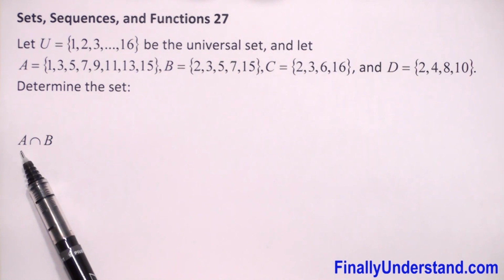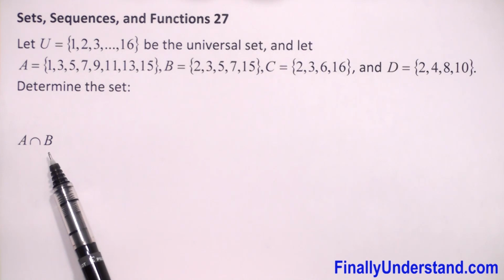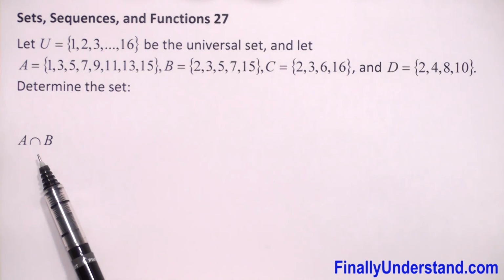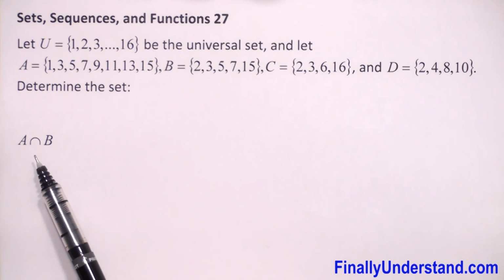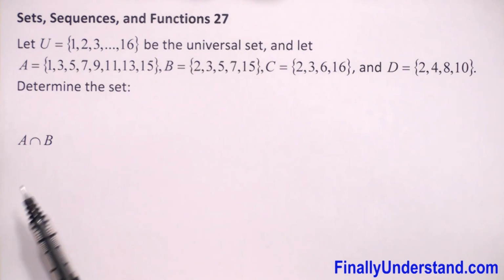In this example, we have A and B. First, what is the intersection of two sets A and B? It is the set of all elements which belong to both A and B.